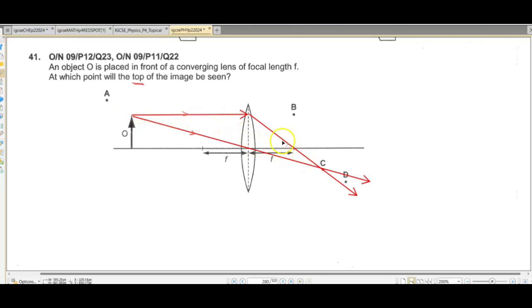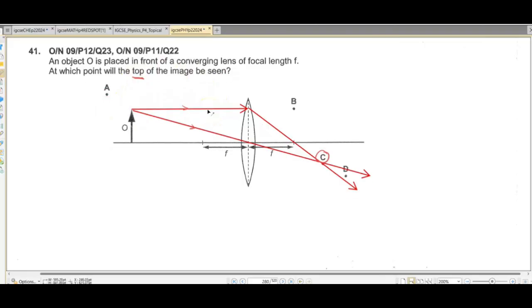One ray after refraction through the lens passes through the focal point and goes here, and the other one passes through the optical center of the lens, and they both seem to converge at point C. So C is going to be the correct point where the top of the image of that object can be seen. So C is the correct option.